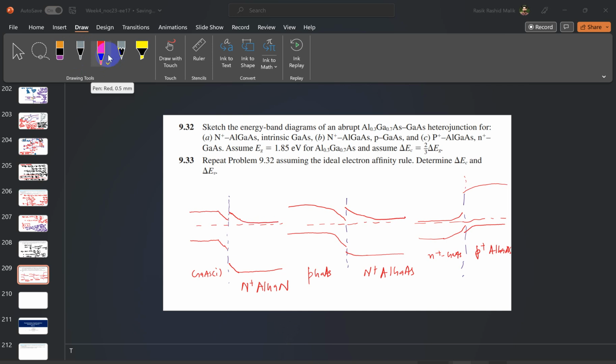Let me insert a new slide to solve the next part of this question.